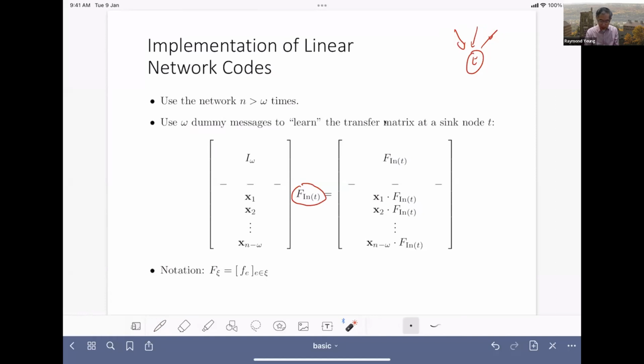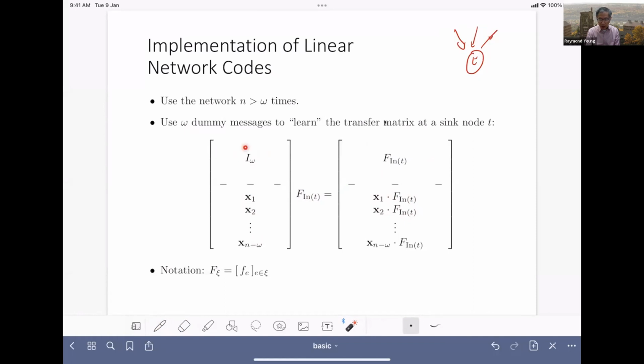So if you send an identity matrix through, then when you multiply it by F_in(t), you get F_in(t), right? And for the other unknown messages, what you get is x1 F_in(t), x2 F_in(t), and so on and so forth.